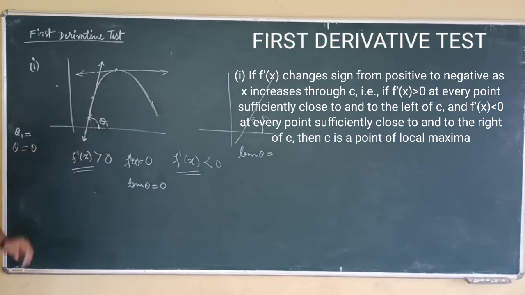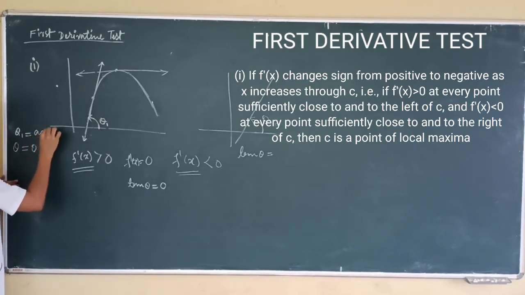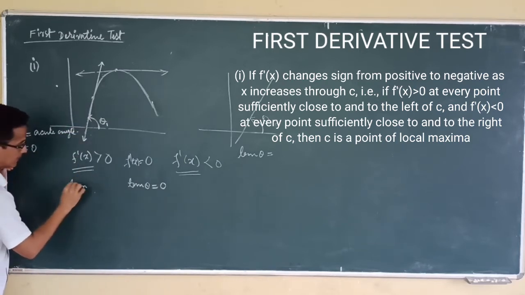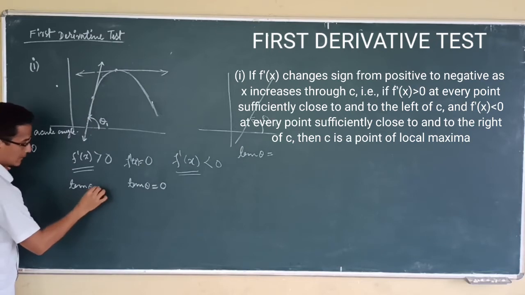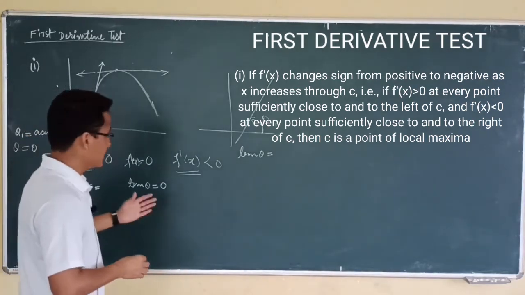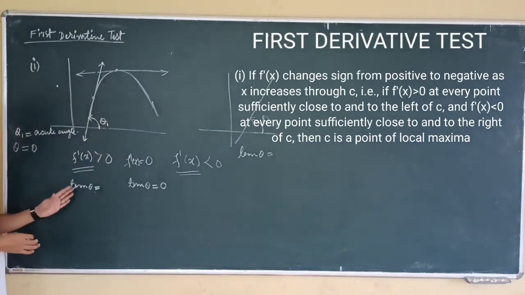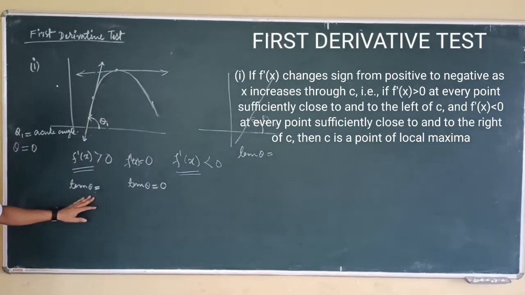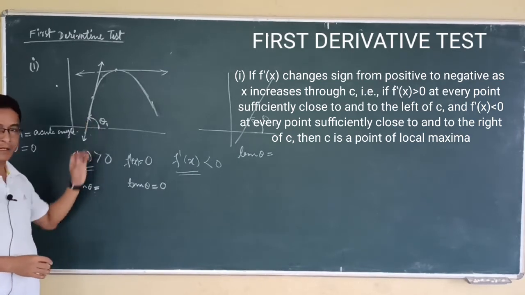And that theta 1 is what? This acute angle. So we know that for an acute angle, 0 to 90 degrees, tan theta gives a positive value. Between 0 to 90 degrees you will get what?